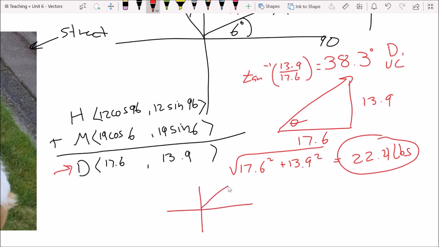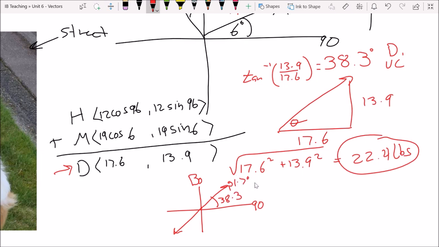If the dogs are pulling like this, and the angle we just found is 38.3, we should know that I have to pull in the opposite direction, 180 degrees away. I'll put a little B up here to recognize this is a bearing chart now. I'm only doing bearings on here, so 0 here, 90 there. I could figure out what this is as a bearing. We could do 90 minus 38.3, and we get 51.7.